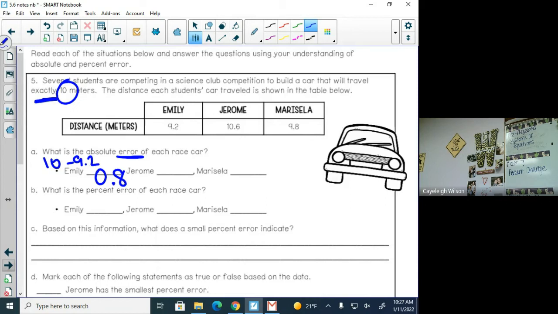All right, I'm gonna look at Jerome's. Jerome's went 10.6, but the exact was 10. So 10.6 minus 10, his had an error of 0.6. All right, you all do Maricela. Figure out what her error is.